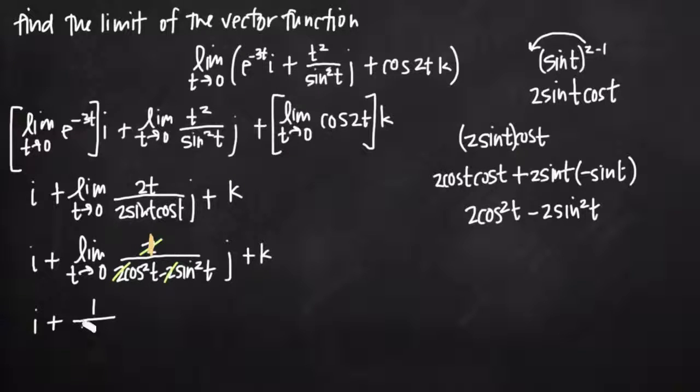When we square it, we get 1. Sine of 0 is 0. When we square that, we get 0. So our denominator is just 1 minus 0 multiplied by j, and then we add k to it. When we simplify here, you can see we're going to get 1 over 1, or just 1. So our final answer is going to be i plus j plus k, and that's how you find the limit of the vector function.